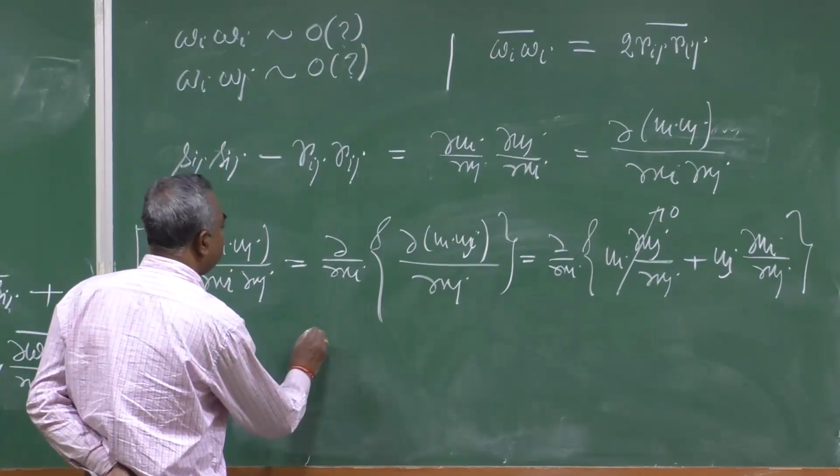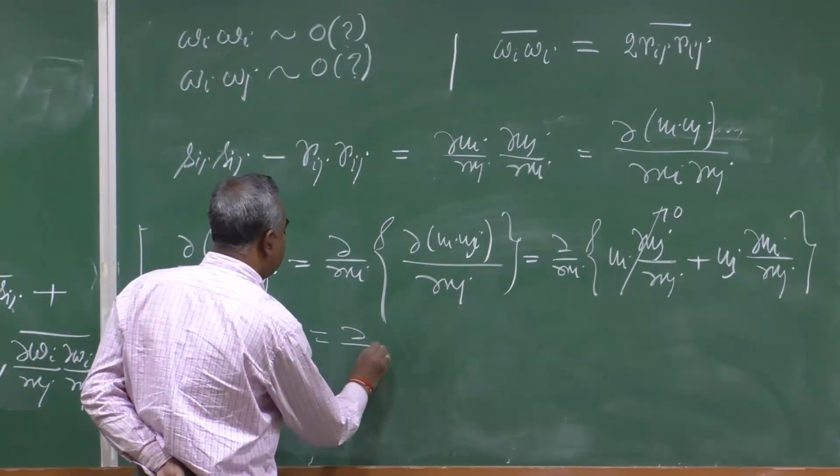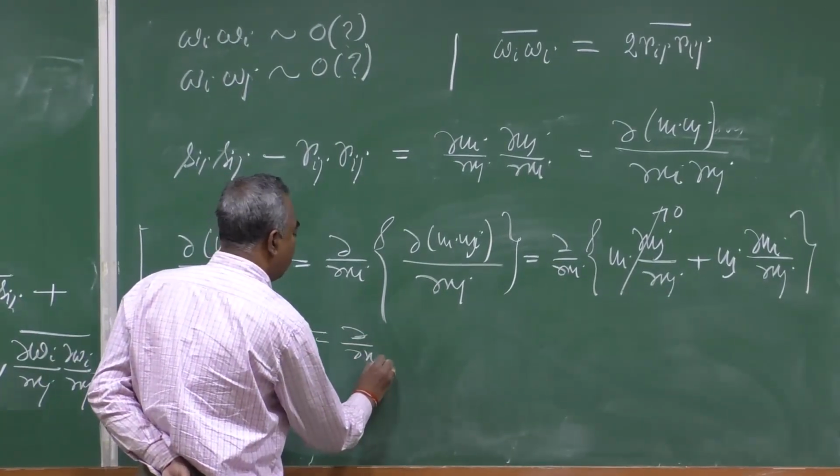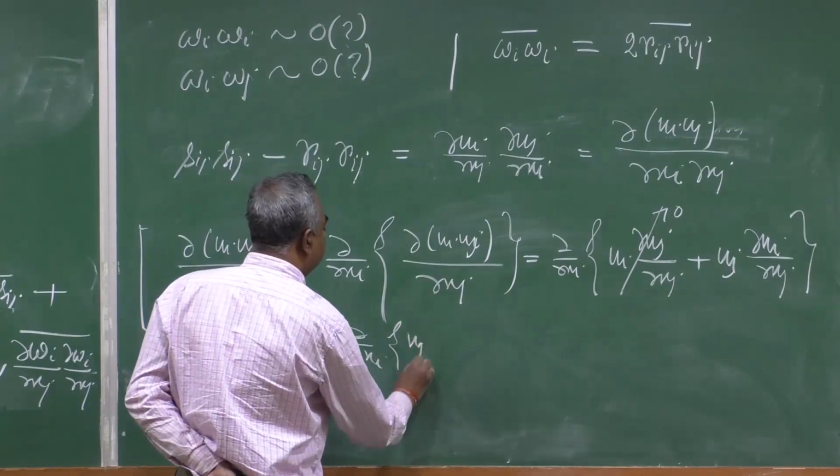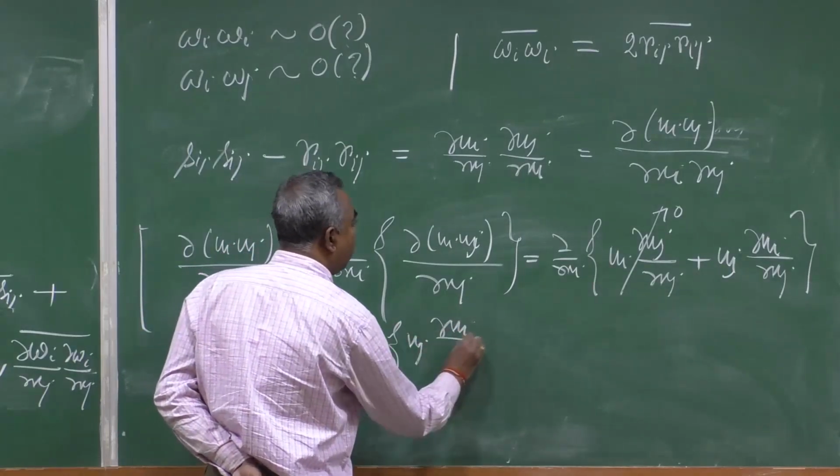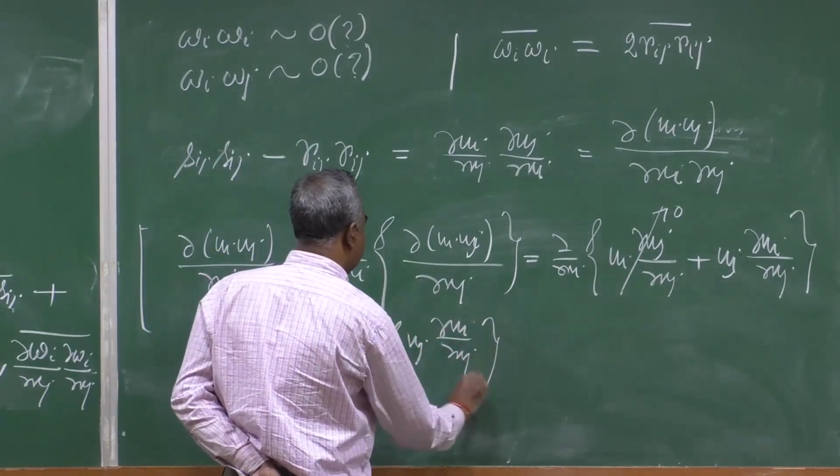So, essentially we are left with ∂x_i u_j ∂u_i/∂x_j. Okay.